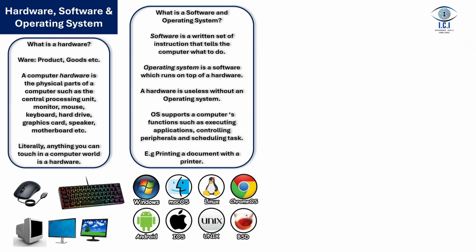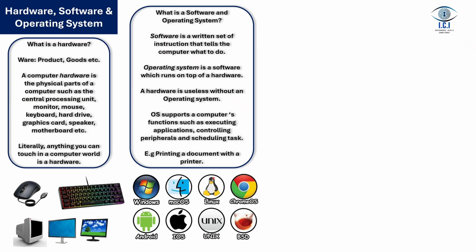All those sets of activity, all those sets of action are known to be instructions, and these instructions are compiled together to make a software. So when you hear someone say software outside, what should come to your mind is that it means a set of instructions. That is what software is. A set of instructions. It is written.